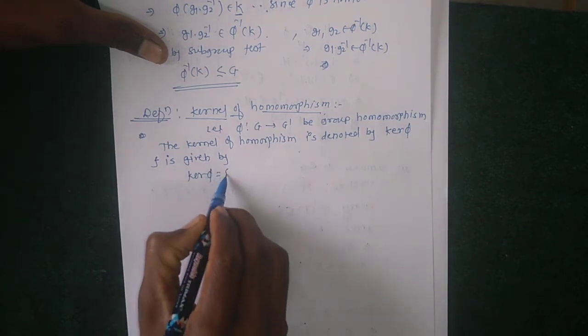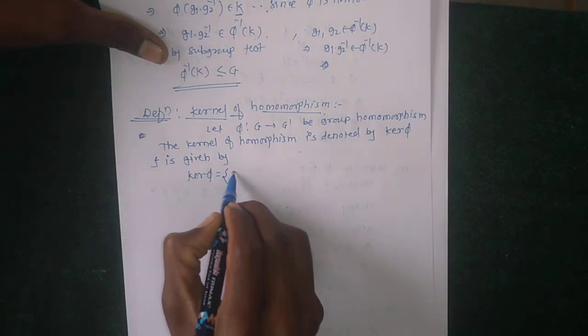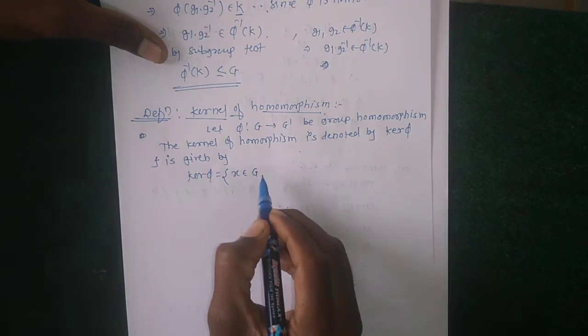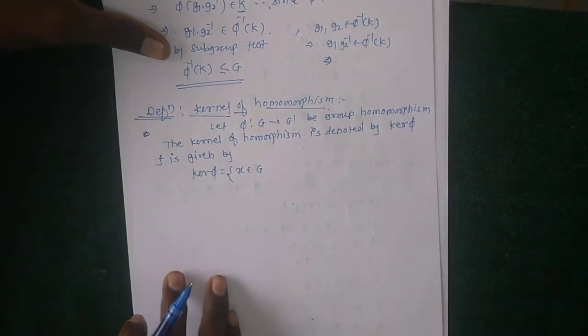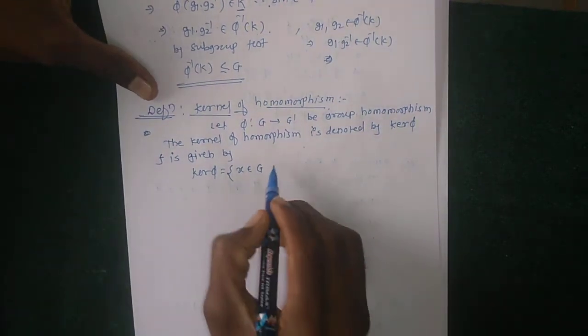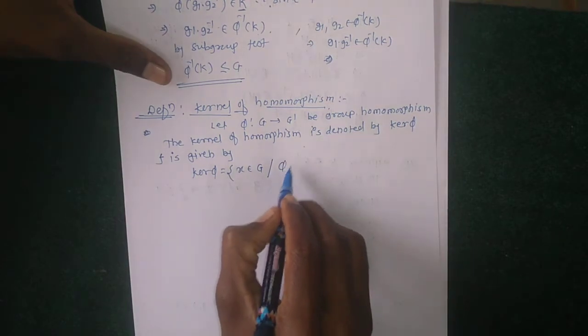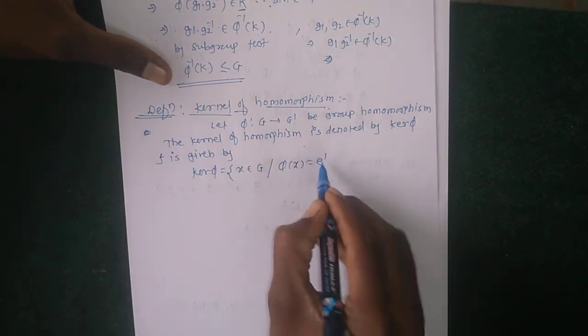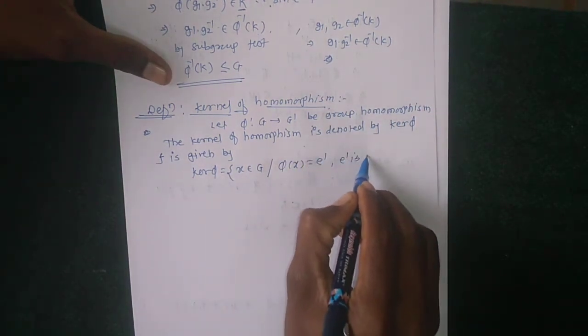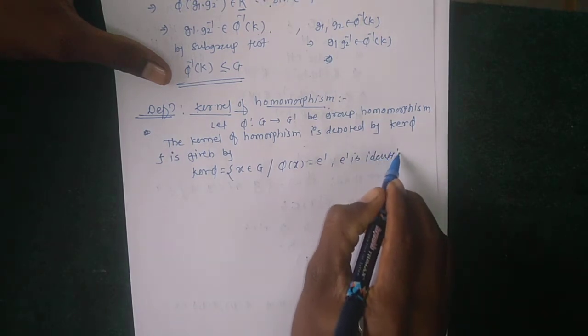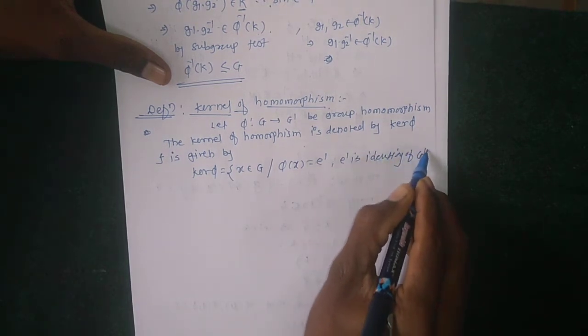kernel of phi equals x belongs to G, meaning the domain. Kernel phi contains the elements of the domain such that their image phi of x equals E dash, where E dash is the identity of G dash.